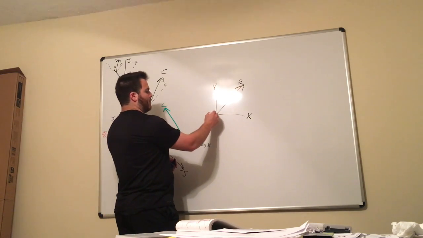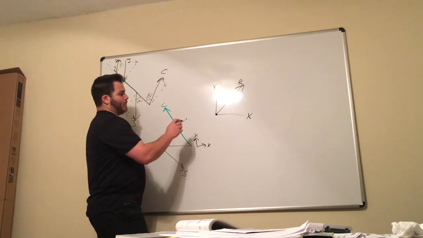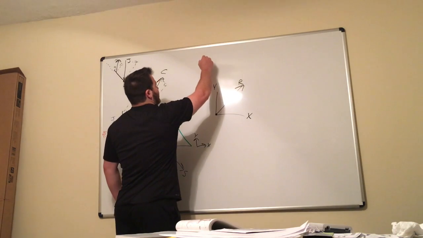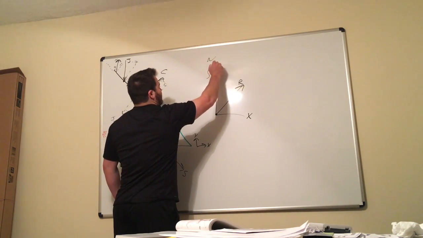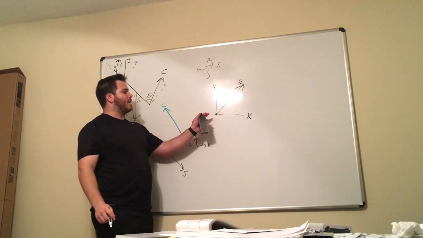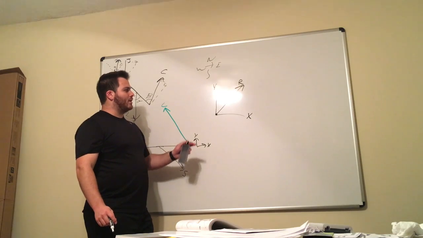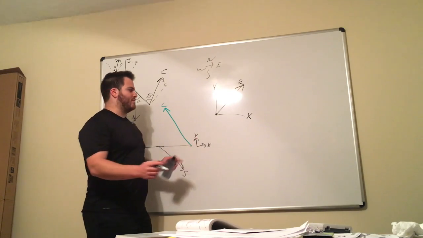So let's say I had a pin right here. I put a pin over here. Now, we can even go north, south, east, and west, if this helps you. But basically, I have a pin, and I'm pulling it right now in the northeast direction. Well, there's two components of that.